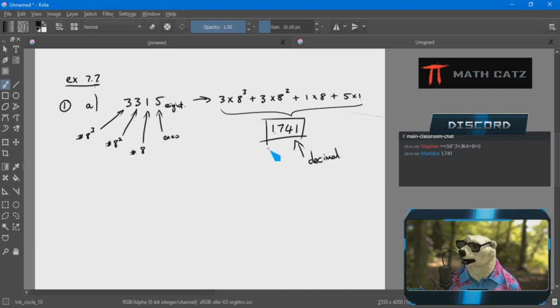Do you understand what base 8 means and how I get to my decimal number? And then if you happen to make a little calculator mistake or whatever, I can see, oh, no, you understand that you're working with powers of 8. It was just a little mistake, and I can still give you some marks.